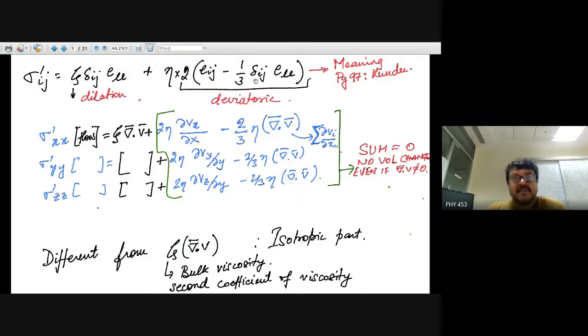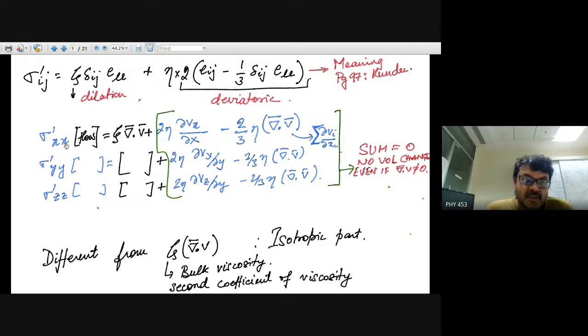Now, how does this look? Okay, so explicitly sigma dash ij in the diagonal term, I've written down xx, yy, and zz. Of course, the off diagonal terms are the shear stress, which is relatively easy to understand in terms of flow gradients between two walls, one moving wall and one static wall.